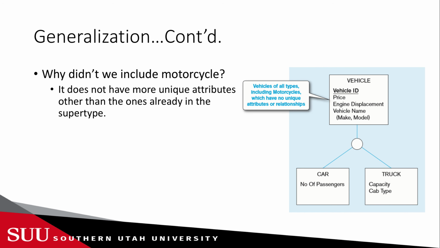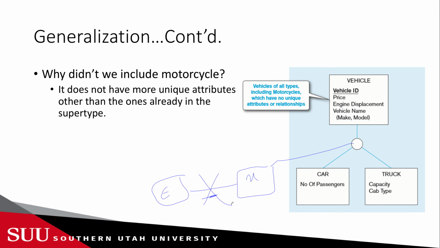Now we will have something like this, and the question is, why did we not include motorcycle? Because motorcycle does not have any unique attributes other than the ones that are already in the supertype. Now, will I include it if I have some relationships that are unique to the motorcycle? The answer is yes. If I have some relationships that are unique to the motorcycle, then I will have motorcycle right here as a subtype, with a relationship with another entity, and this is what's going to force me to add it here.